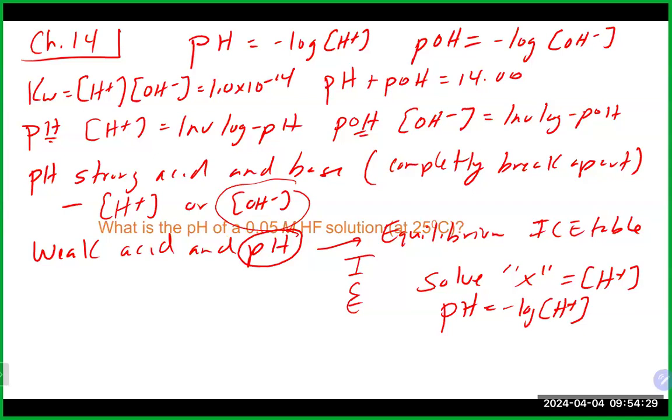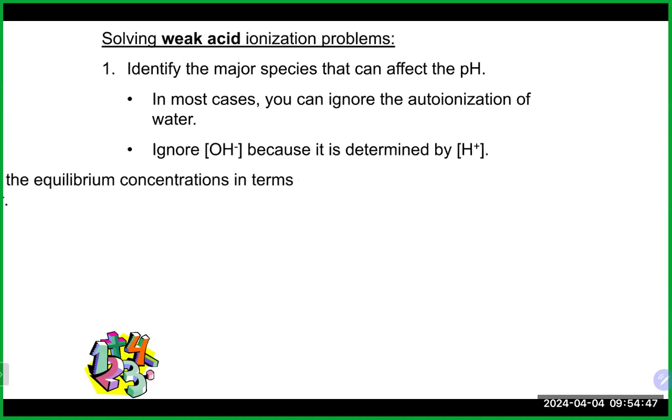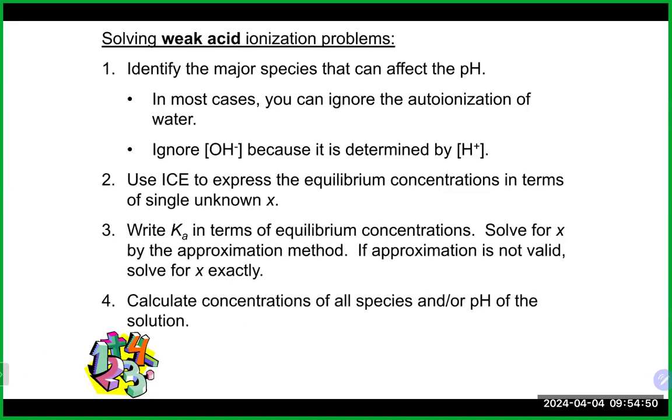The other thing we talked about is that weak acids are the only ones that will have Ka values associated with them, as they will set up an equilibrium, and strong acids will not. So there will not be a Ka value for a strong acid. Same idea in solving these problems: you want to identify the major species that's going to affect pH.